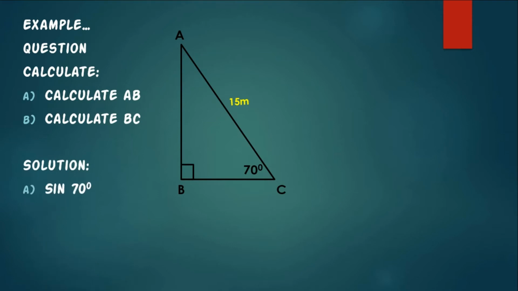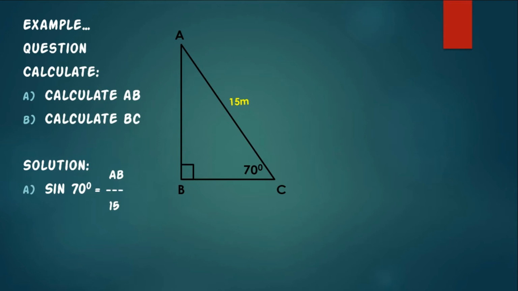The trig ratio that includes opposite, hypotenuse, and angle is sine, because sine is opposite over hypotenuse. Now sine 70 is equal to AB over 15. AB is the opposite side, and AC, the hypotenuse side, is 15.